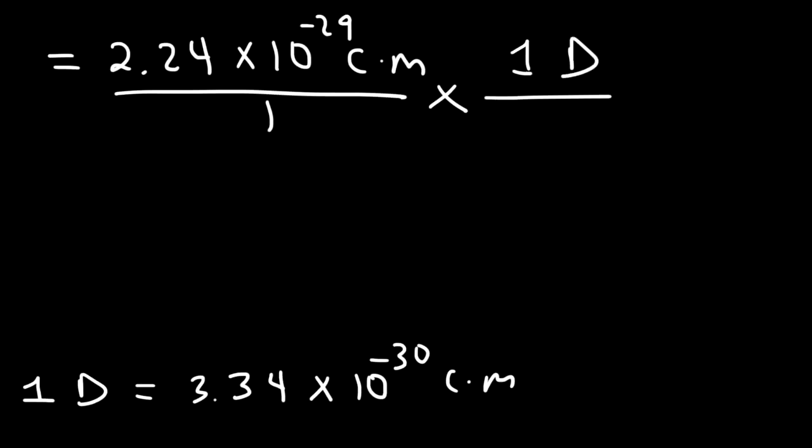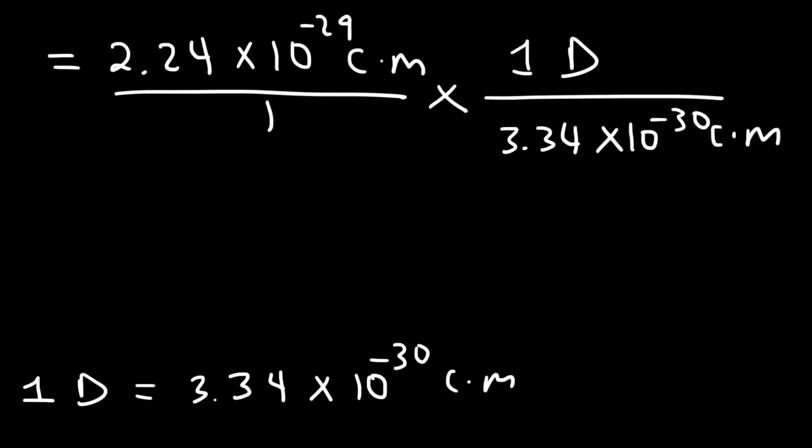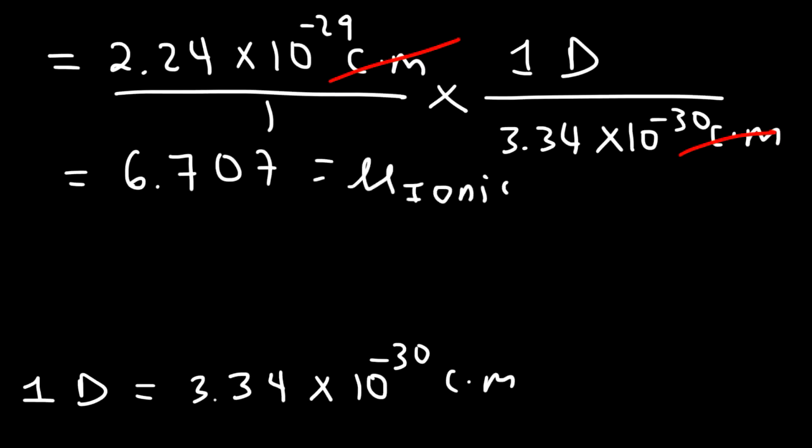So we can write 1 D over this number. So these units will cancel. So 2.24 times 10 to the negative 29 divided by 3.34 times 10 to the negative 30. This is equal to 6.707. And so that's the dipole moment if the atoms were pure ions, or if they have full ionic charges.